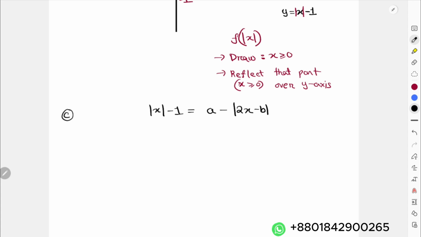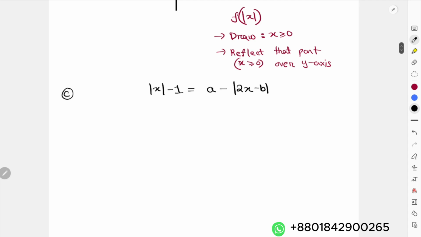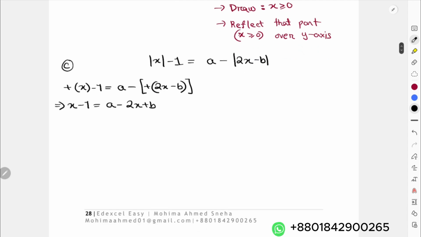Now I do not know if the modulus was positive or negative, because both could be piecewise functions. So if I take the positive values of x minus 1 and a plus 2x minus b, and then solve this equation, we get x minus 1 equals a minus minus 2x, minus minus is plus b, and from there I already know that over here they were intersecting at values 5 and minus 3, right?